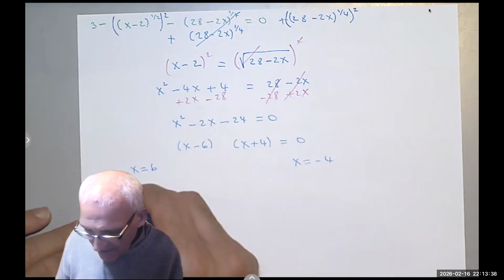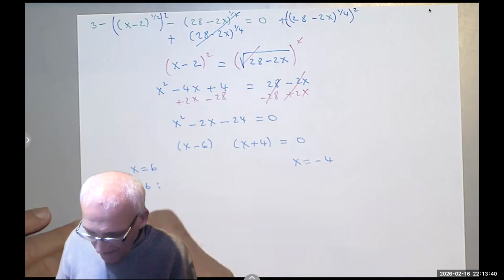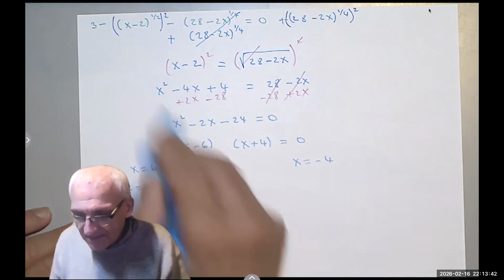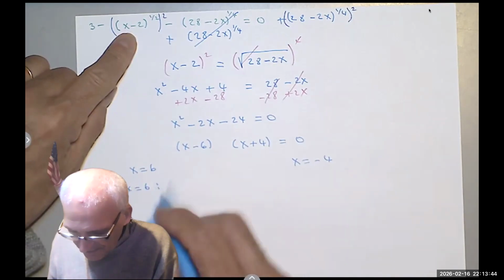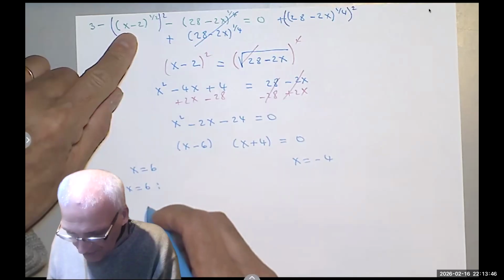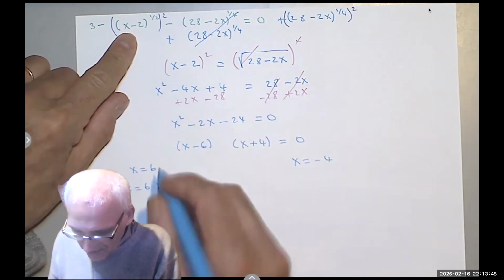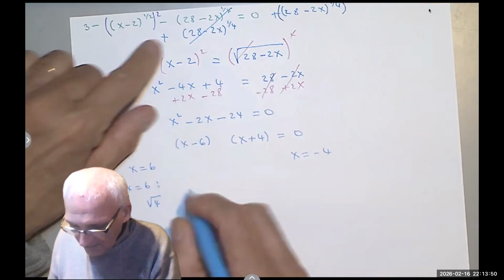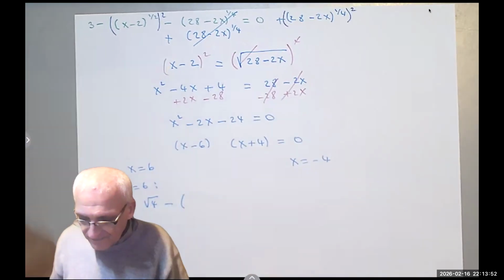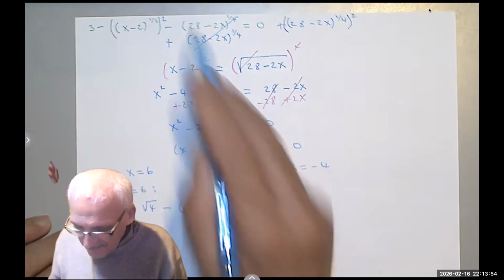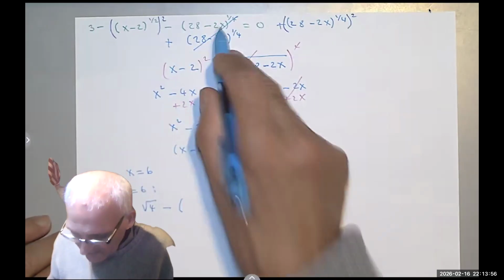For x equals 6, the left-hand side becomes x minus 2, which is 4, square root of 4, minus 28 minus 12 is 16.